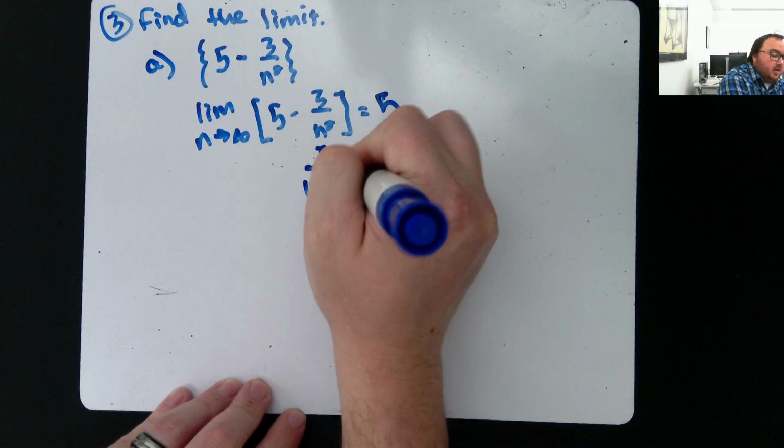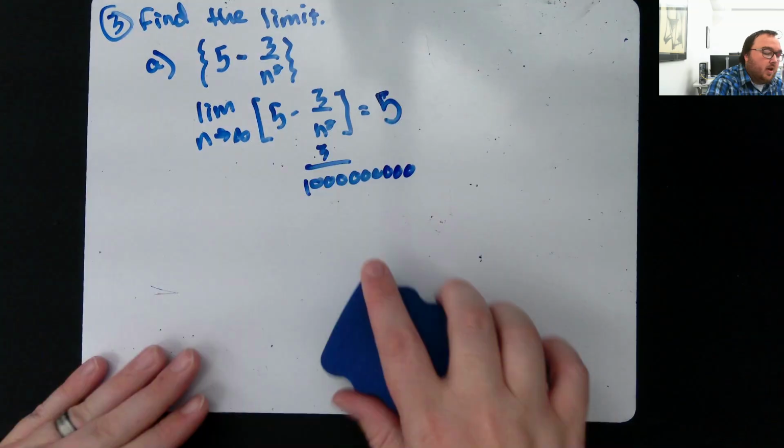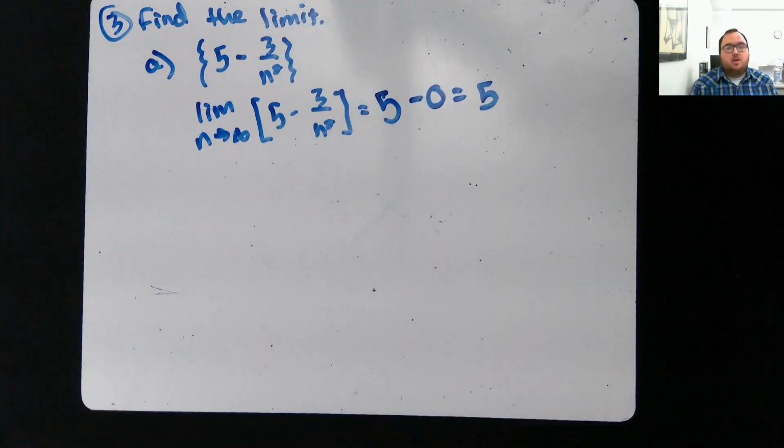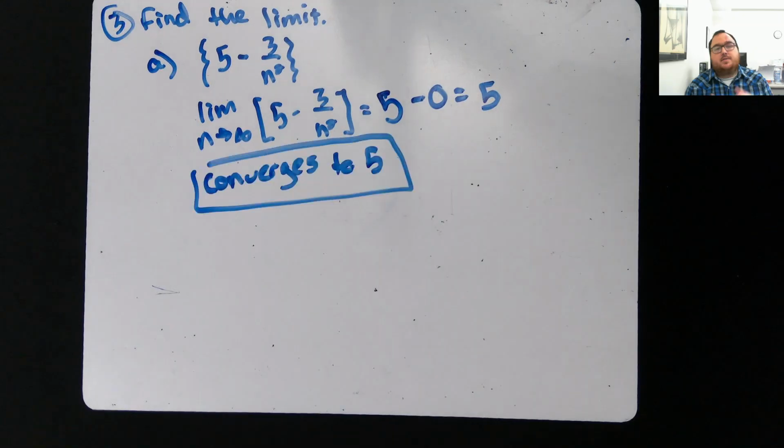It's getting smaller and smaller. So the limit of 3 over n squared is going to be 0. 5 minus 0 is 5. So this sequence converges to 5 because the limit is 5.